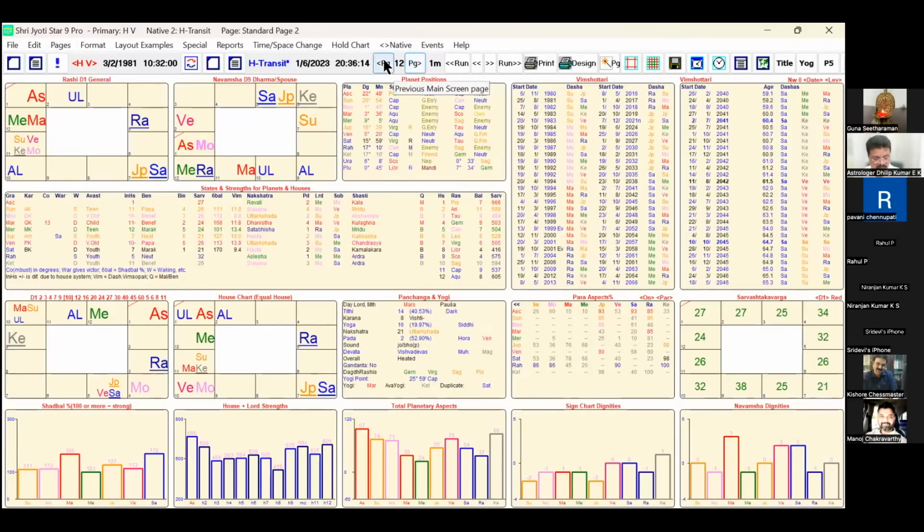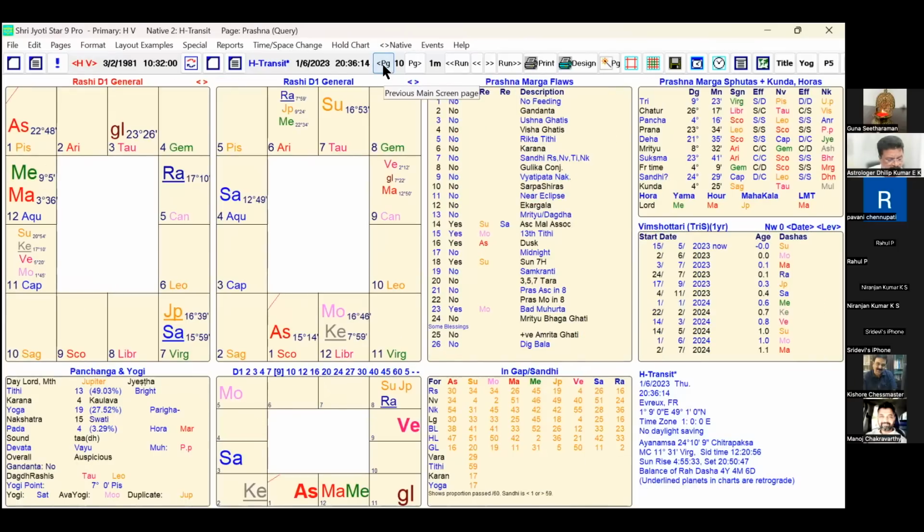Yeah. Okay. Sir, how can it be Trayodashi, sir? Sun is at 20 degrees, moon is at 1 degree. Oh, right. It is this one only. Krishna Paksha Chaturdashi. Correct. Yeah, you're right.